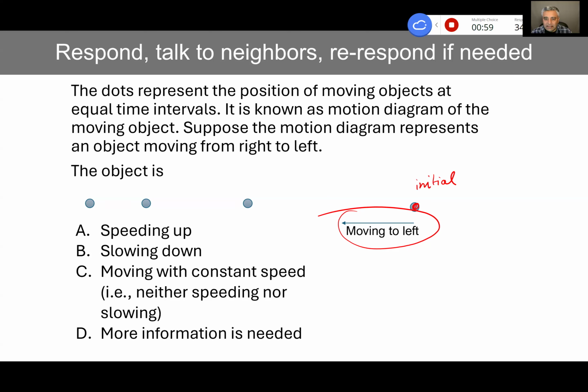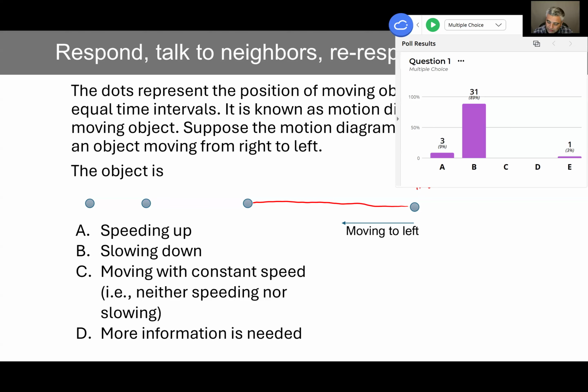Thirty more seconds. And 5 more seconds. 5, 4, 3, 2, 1, and it stops. Oh, forgot to stop.